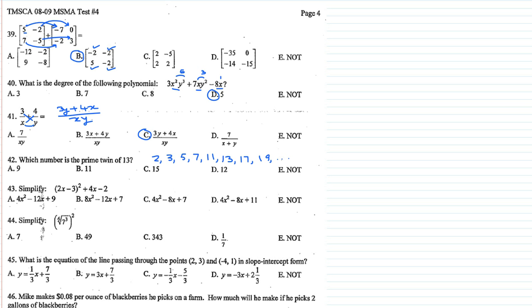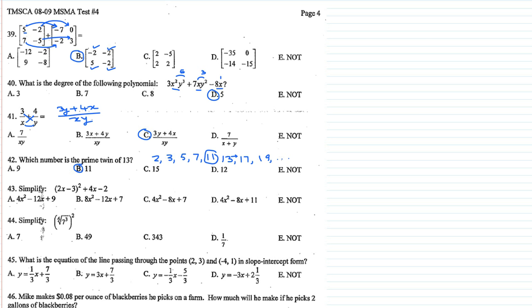So the prime twin of 13 is clearly 11, because if we look on the other side, we have 17, but the difference between 17 and 13 is 4. So we will select 11 as the answer, which is B in this case.